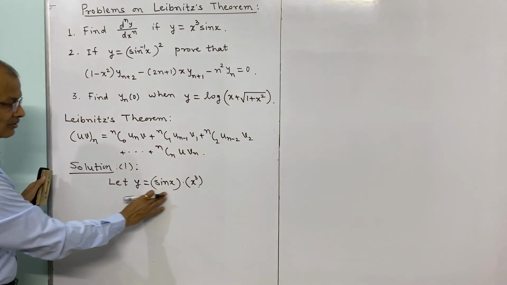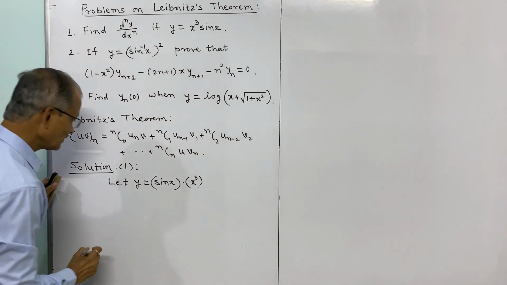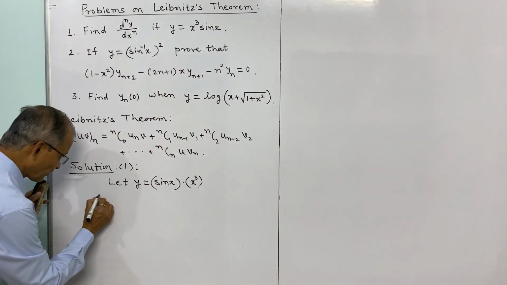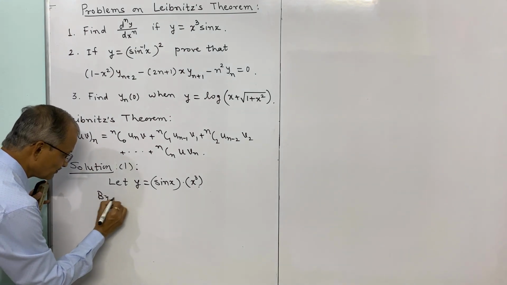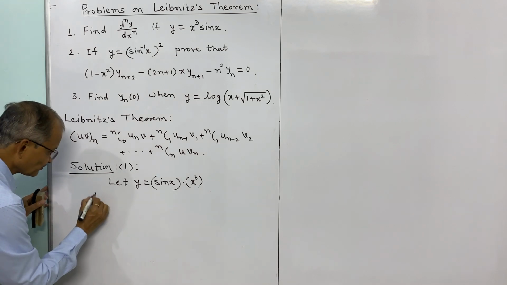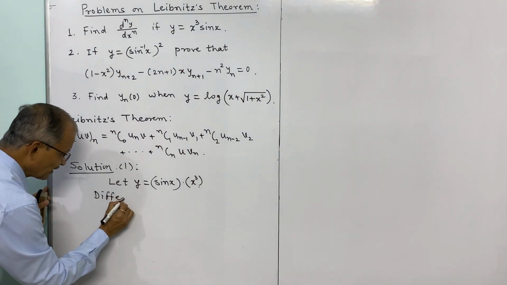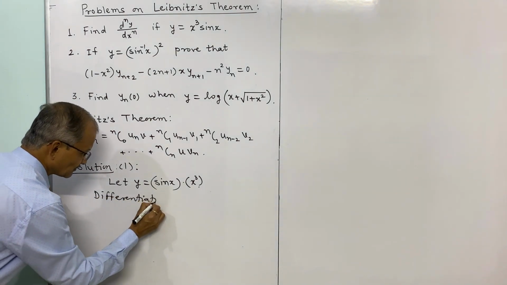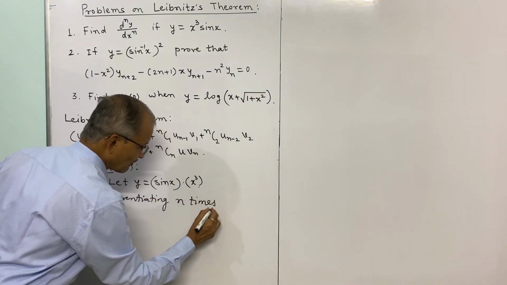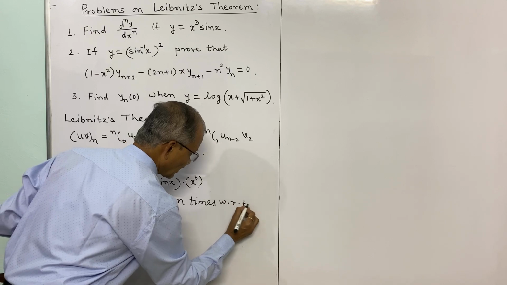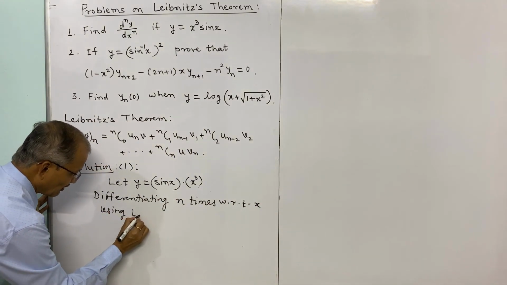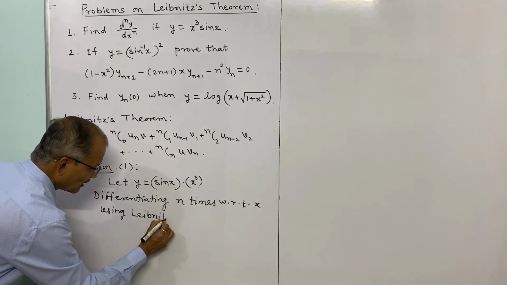This is our u into v, and therefore the nth derivative of y by using the Leibniz theorem. We differentiate n times with respect to x using Leibniz theorem.